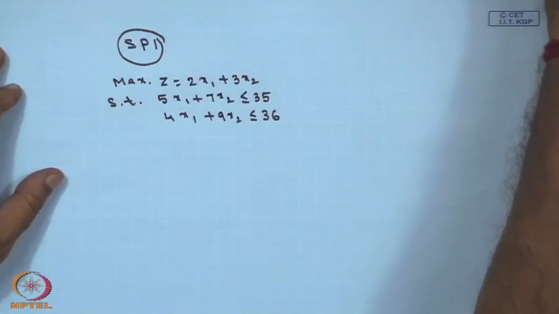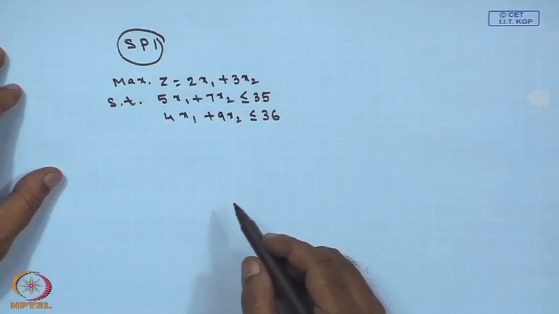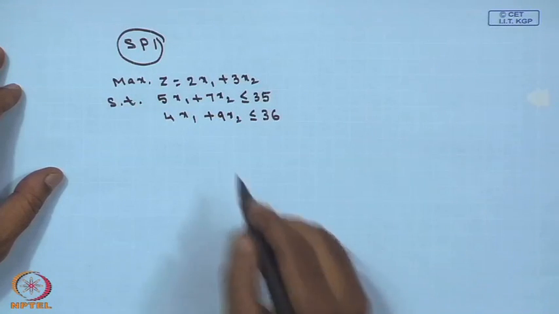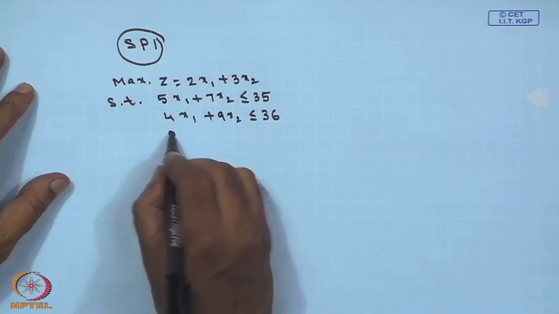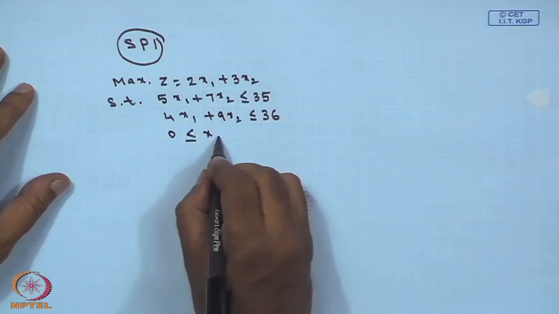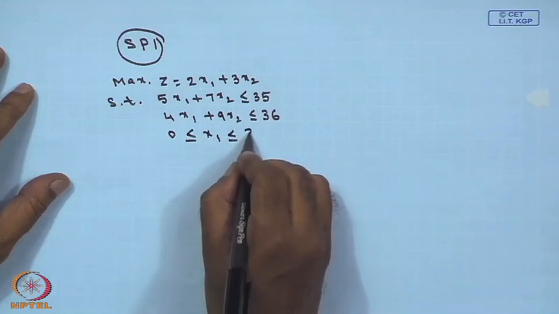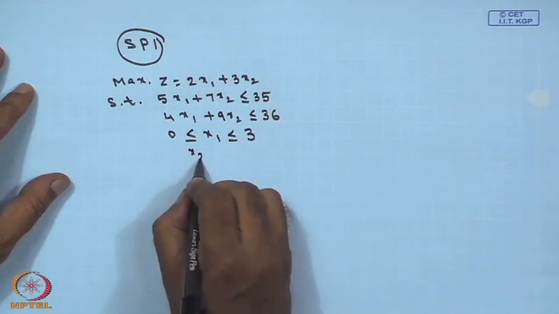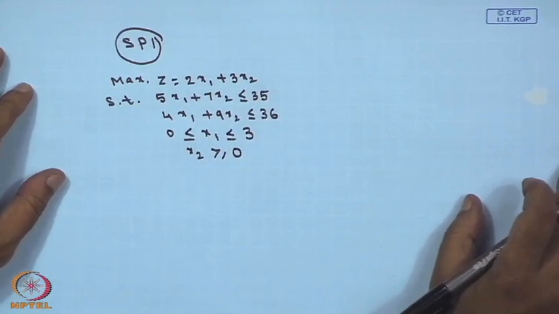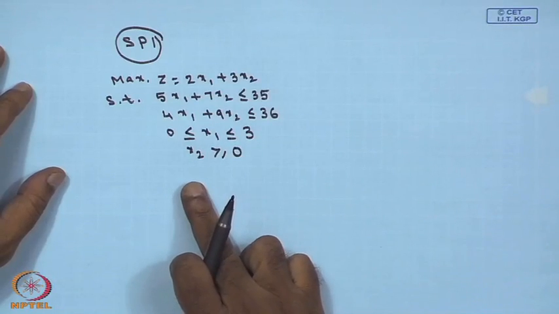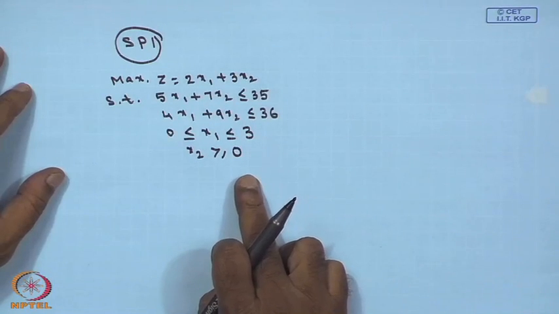So, I have written this. Now, I have to impose a condition on x1. The bound on x1 is x1 less than equals 3. So, my condition will be 0 less than equals x1 less than equals 3, x2 greater than equals 0. Although I know the lower bound of x2, I have not imposed any condition on x2.